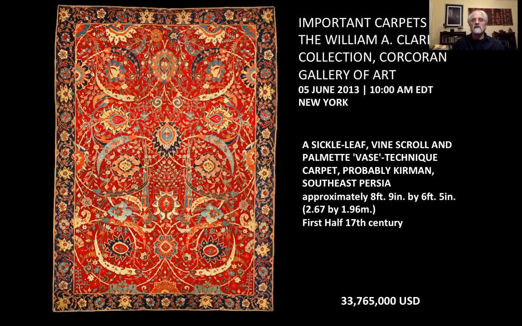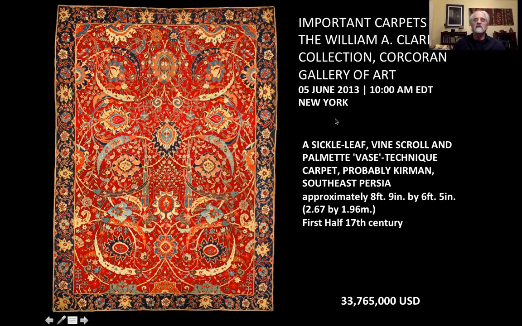Now let's start with another carpet. So this is a rug that sold several years ago at Sotheby's. It was in the collection of the Corcoran Gallery of Art here in Washington. The Corcoran, as you may know, is no longer an independent entity. It fell on economic hard times, and as a result had to sell off some of its collection, including carpets.